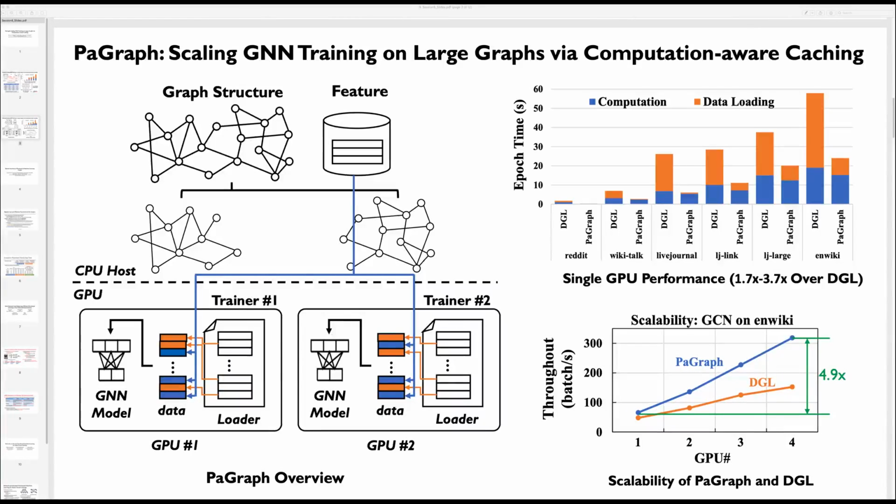Actually, with NVLink, the communication between GPUs can be very fast, so we can put different graph data into different GPUs, and with NVLink we can have a higher bandwidth to transfer data. This speed can be much faster than communicating between CPU and GPU. So I think this is a very beneficial solution.